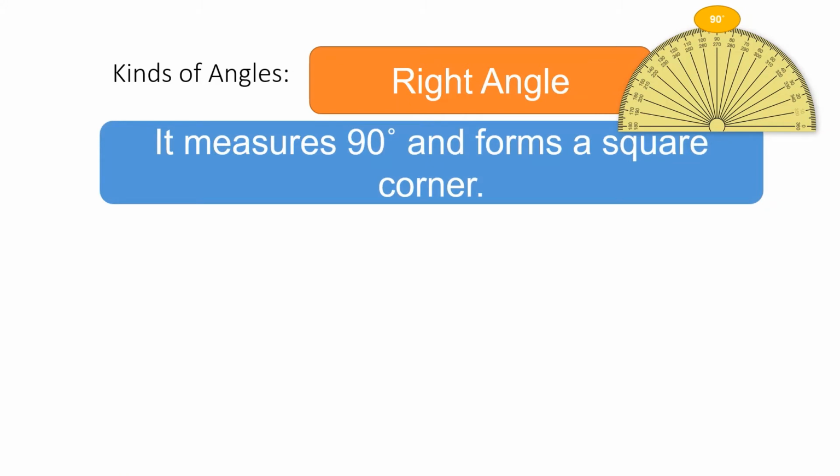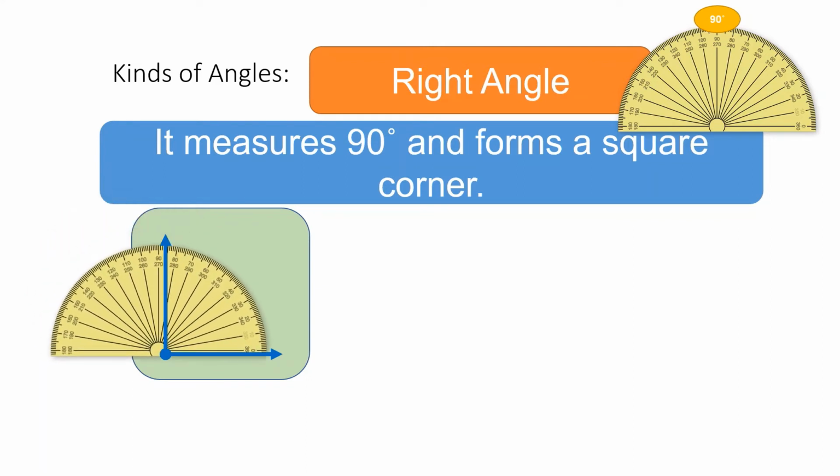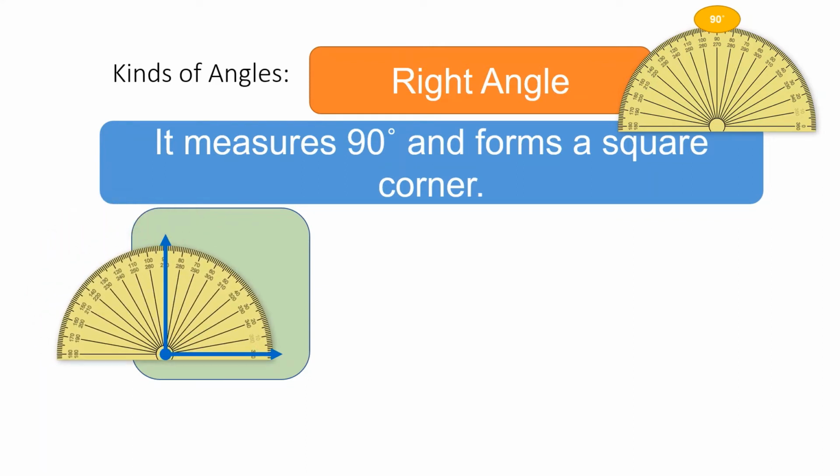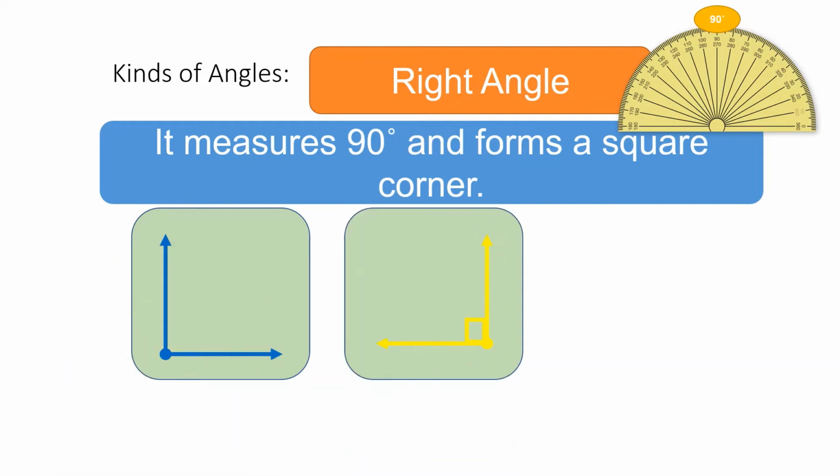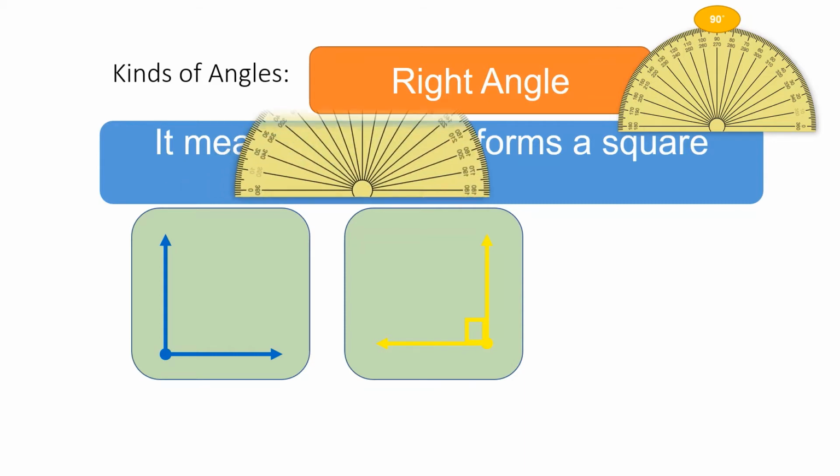Right angle measures 90 degrees and forms a square corner. Here are some examples of right angles. For this angle, we can see that the measurement is also 90 degrees. For the next angle, we can see that a square corner is formed or drawn.